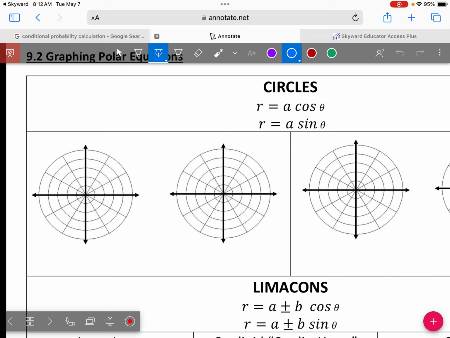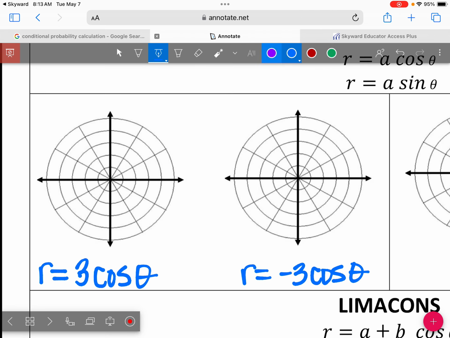So if we have a cosine polar, so we have r equals, let's say, 3 cosine theta, and then r equals -3 cosine theta. Because of that, cosine is going to make it hug the x-axis. So because this is positive, it's going to go out to the third ring, about here.